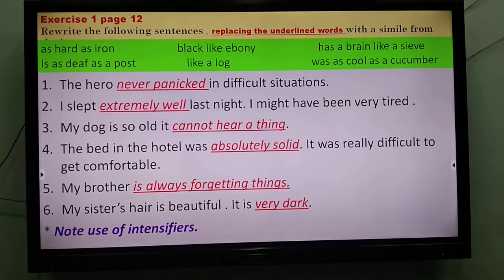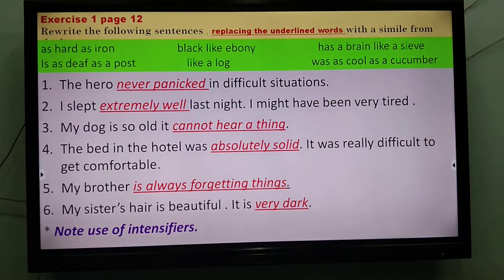The last one was as cool as a cucumber. Number 1. The hero never panicked in difficult situations. Number 2. I slept extremely well last night. I might have been very tired. So which simile would go for this sentence, that a person slept like something and didn't know what was happening around?